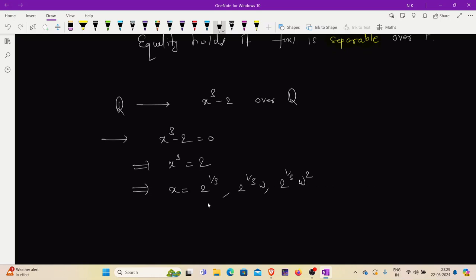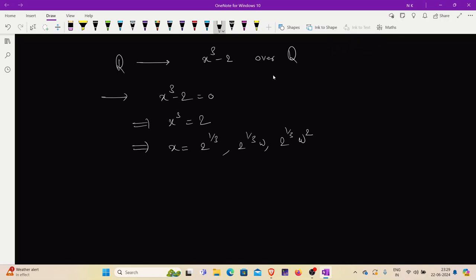Now I want to find out the splitting field. That means I want to find out the smallest field over Q which contains all these roots. You can easily see that the roots are 2 raised to 1 upon 3, 2 raised to 1 upon 3 omega, and 2 raised to 1 upon 3 omega square. So if you want to encompass all these roots over Q, then you need to attach these two elements.